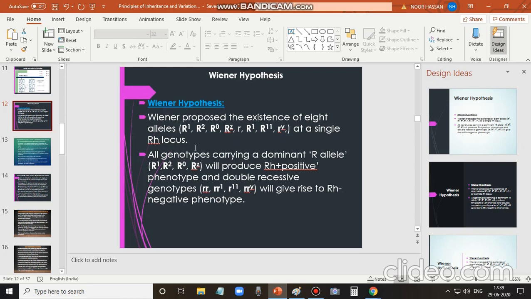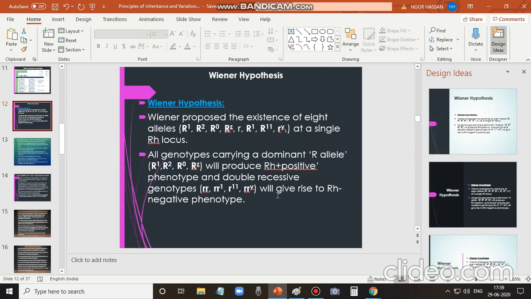All genotypes carrying a dominant R allele, that is R1, R2, R0, which can also be called RO, then RZ, all these dominant R alleles produce RH positive phenotype. Okay, all dominant alleles, capital R1, capital R2, they produce RH positive phenotype, and double recessive genotypes like small r, small r1, this is recessive.